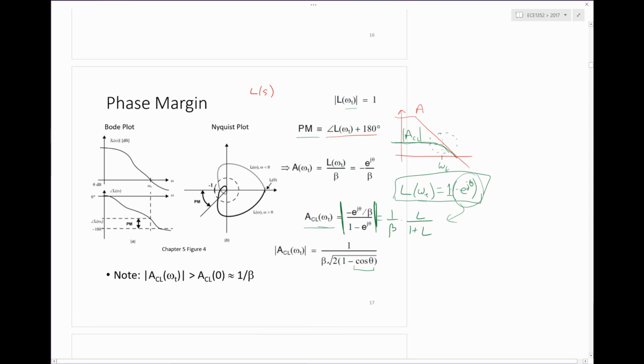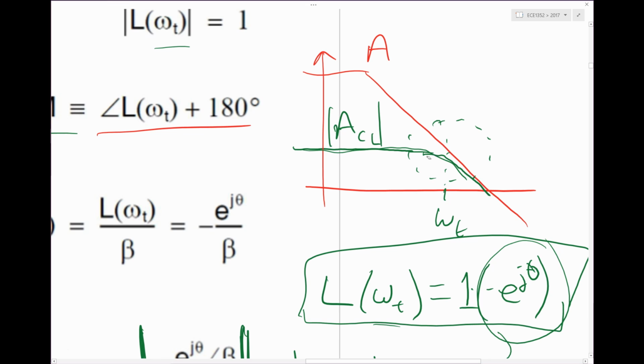So if you look at that expression, it shows you that if you have less than 90 degrees of phase margin, then this term in here becomes less than 1. If I zoom in on this picture, you start having this response here get bigger and bigger.